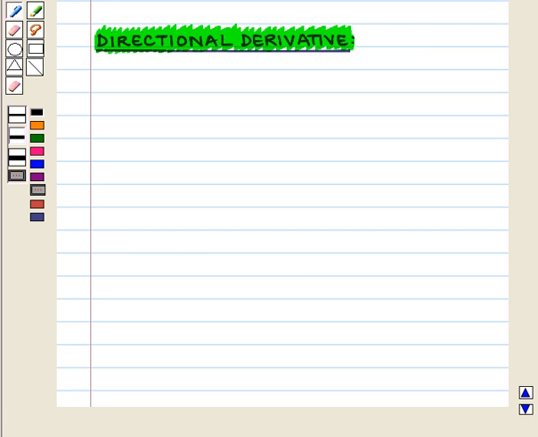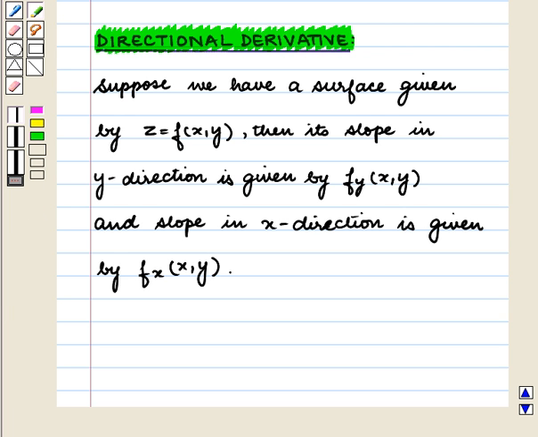Now let us discuss directional derivative. Suppose we have a surface given by z is equal to f of xy, then its slope in y direction is given by f sub y of xy, and the slope in x direction is given by f sub x of xy.